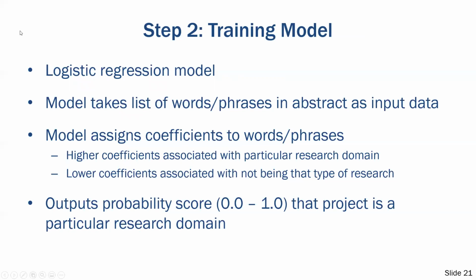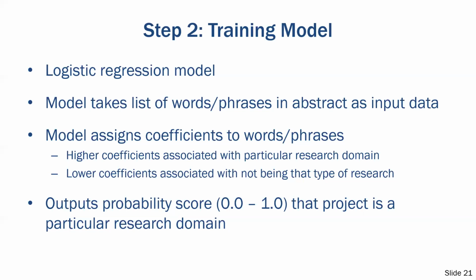So for our machine learning model we used a logistic regression model, which is a relatively common statistical model for taking input data of various types and answering a yes or no question. In our case, is this primary care research or not, or any of our other categories? This model took that list of words and phrases in each project abstract as the input data.